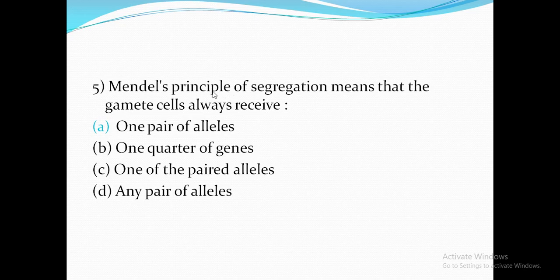The principle of segregation states that during gamete formation, the alleles separate in such a way that each gamete receives only one copy of the allele, that is, one of the paired alleles. Gametes will not receive the complete pair of alleles, but out of this pair one is received by each gamete.